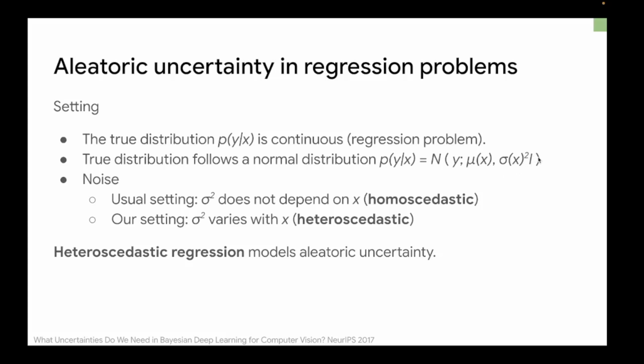I put I here just in case the y space is multidimensional, but you can think of this as just a 1D regression problem. In that case, you can just remove this I and think of that as sigma of x squared.